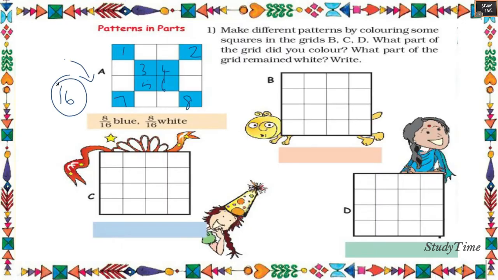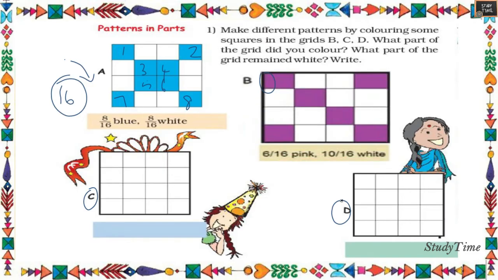You are going to make different patterns for grid B, C, D and color on your own and write the fraction part of it. See, for B, I have colored 1, 2, 3, 4, 5, 6. So here pink is 6 by 16, white is 10 by 16.